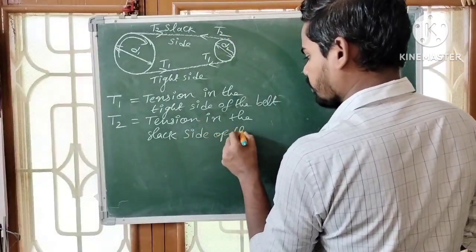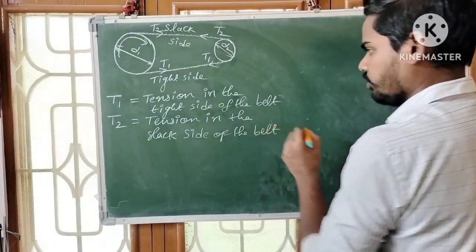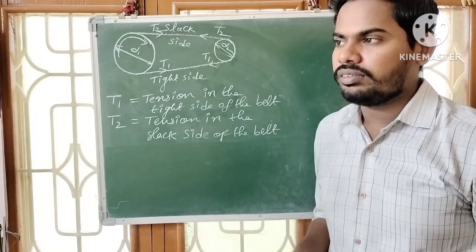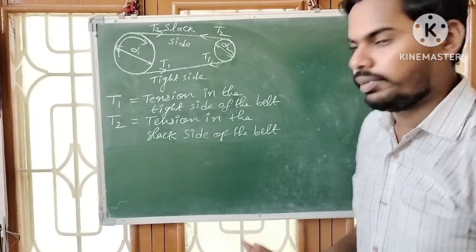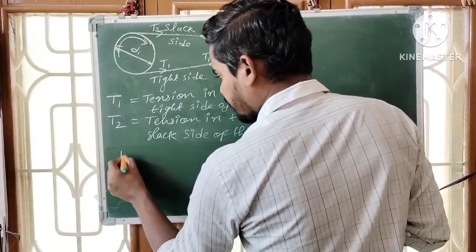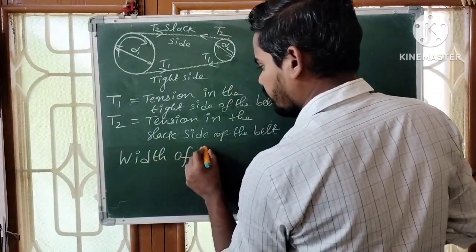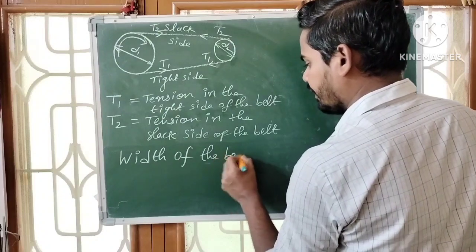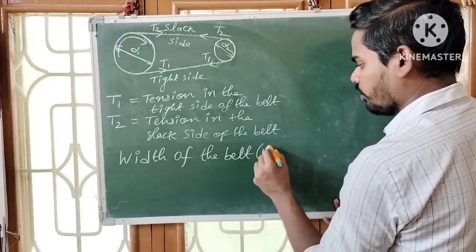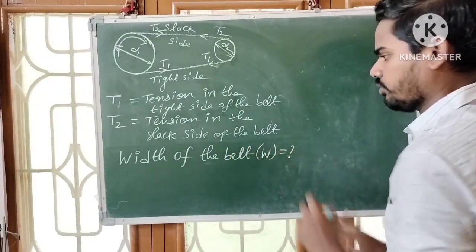Anyhow, we need the width of the belt. At last, we need small w, and we have to calculate small w.